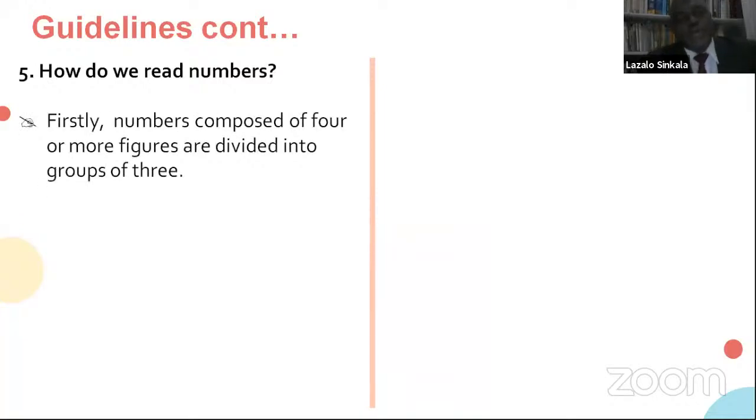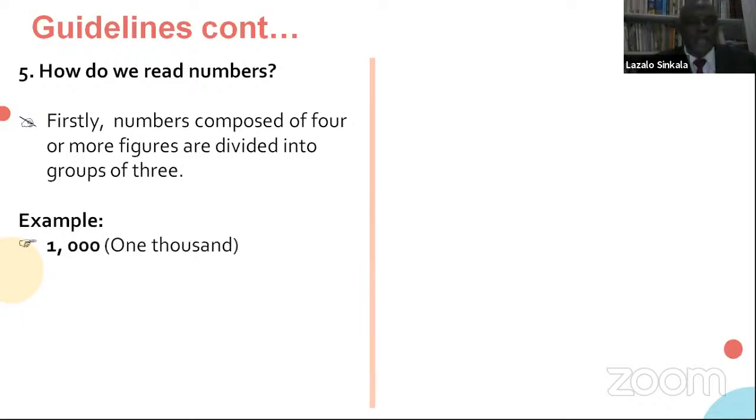How do we read numbers? Firstly, numbers composed of 4 or more figures are divided into groups of 3. For example, 1,000. 1,100.